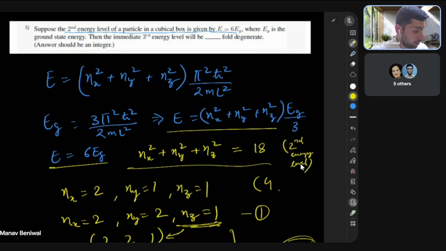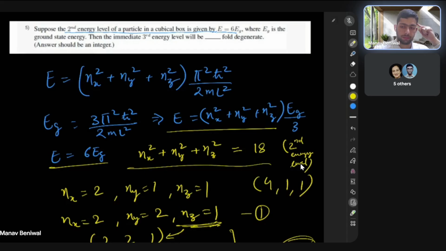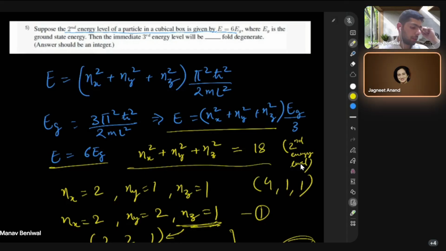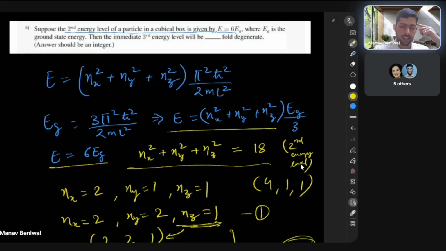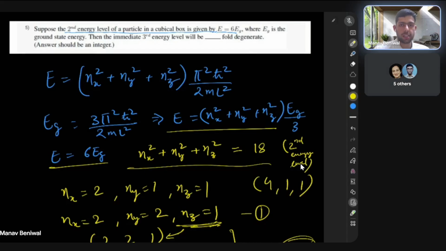If you take 4 1 1, then it is satisfied. But that is not the second energy level. So either the typo is in writing the second energy level here, or in writing 6 times EG.